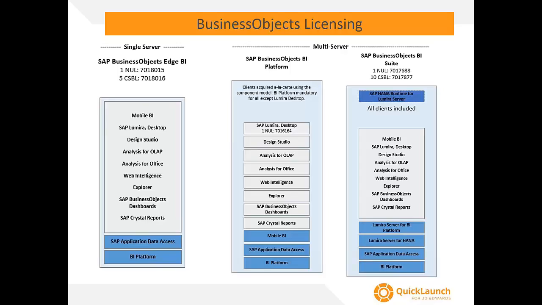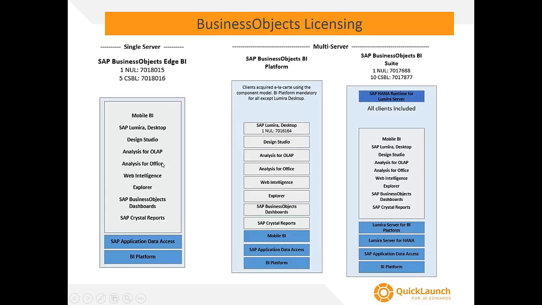What are the other licenses we see on the screen? So as far as the Edge license: Mobile BI, Lumira Desktop, Design Studio, which is another type of dashboard design. I think it came from the SAP side. I don't think it's really infiltrated, but it is another option for dashboard design. If you have any OLAP cubes, you can use Analysis for OLAP. You'll notice Live Office is not on the screen.